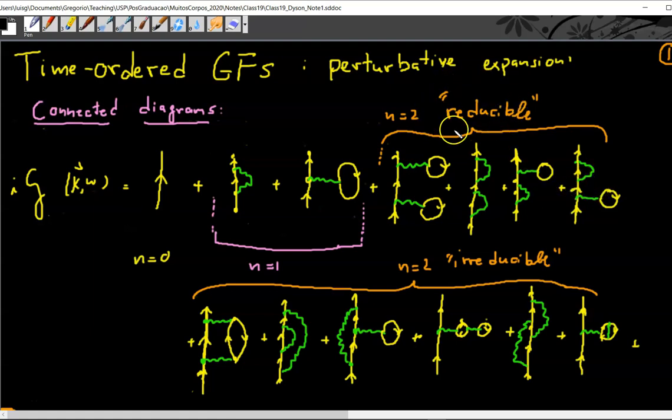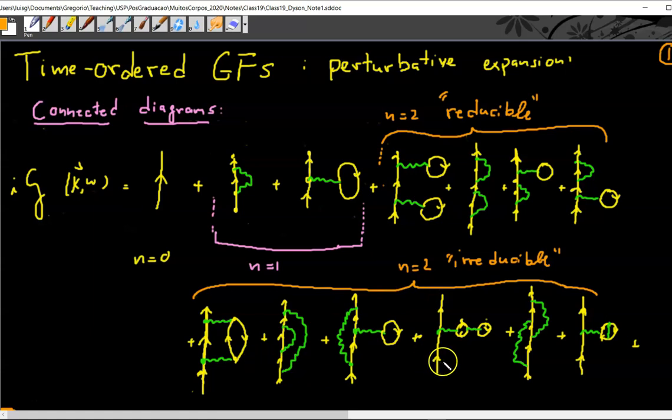So that's what they call reducible. Let's give an example. Say here, if I come with a scissor and cut it here, that will essentially become two first order diagrams. Same thing here, same thing here, same thing here. So these are all reducible diagrams.